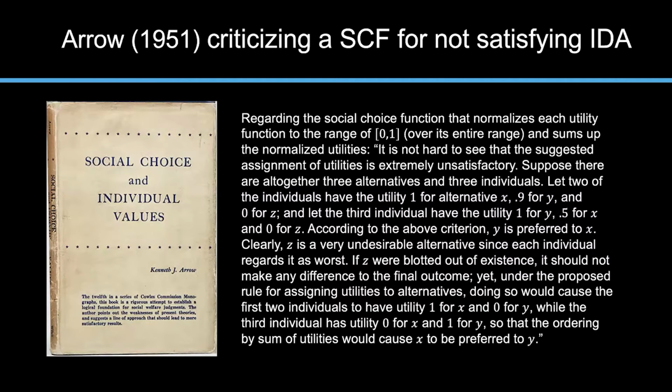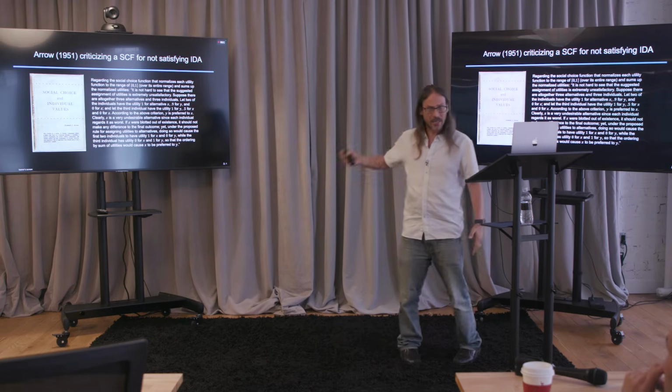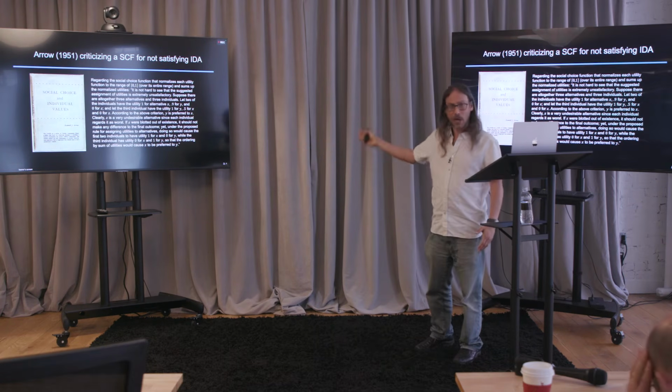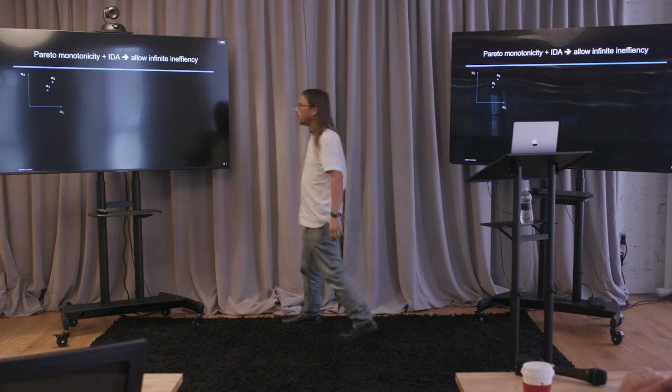The order induced by this is sensitive to the addition or removal of alternatives that are dominated by all other alternatives, and Arrow says this is extremely unsatisfactory. So this is kind of an ordinal version of our IDA, but again, the idea that this is undesirable goes way back.